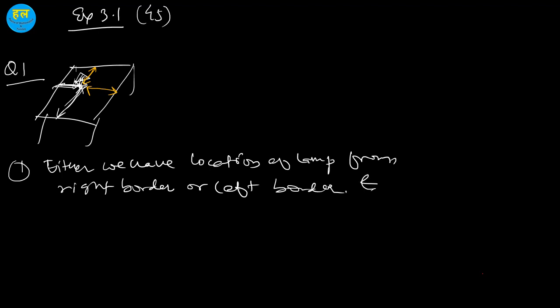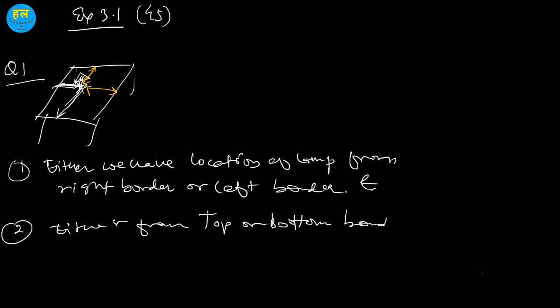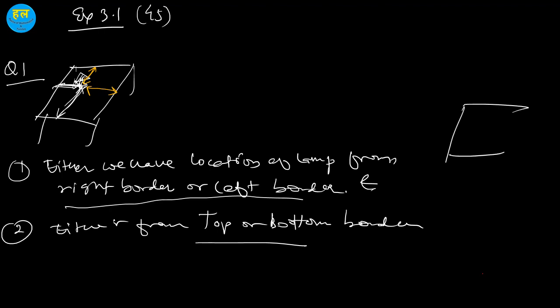And second, the location of the lamp from the top or bottom border. So we need to have these two pieces of information, from the left or right border and from the top or bottom border. When we have it from the left border, we can locate it here, and when we have it from the bottom border, we can locate it here.